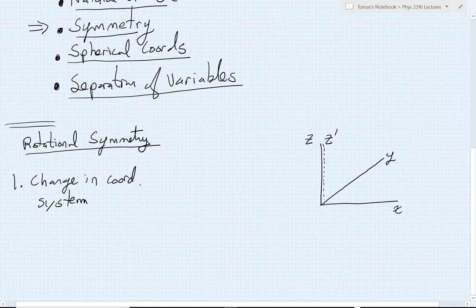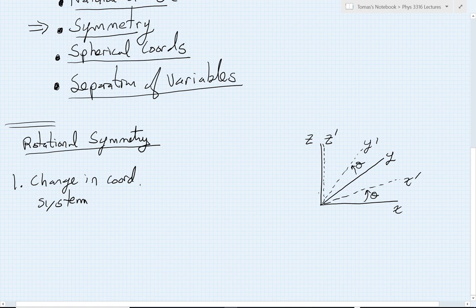The more interesting thing is that my new x and y coordinates are going to be rotated relative to their originals. So the new x coordinate, maybe it will be like so. This will be my new x prime axis, and then my y prime axis would look like thus, right? Where these then have rotated through some angle, and I will call that angle of rotation, for now at least, theta. So it's really just a rotation about this z-axis.